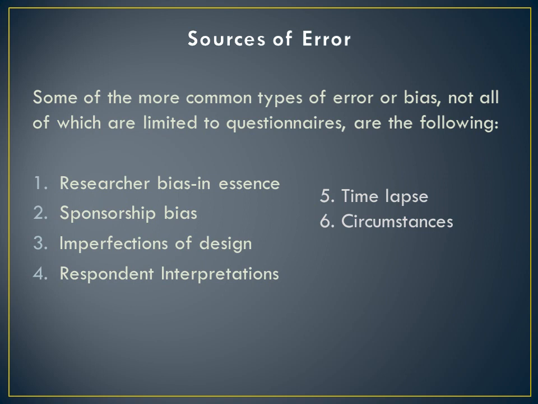6, circumstances. A variety of factors such as carelessness and mood of the respondent, ambiguous questions, unthinking answers, and general resistance to questionnaires can produce inaccurate responses. And number 7, response bias.